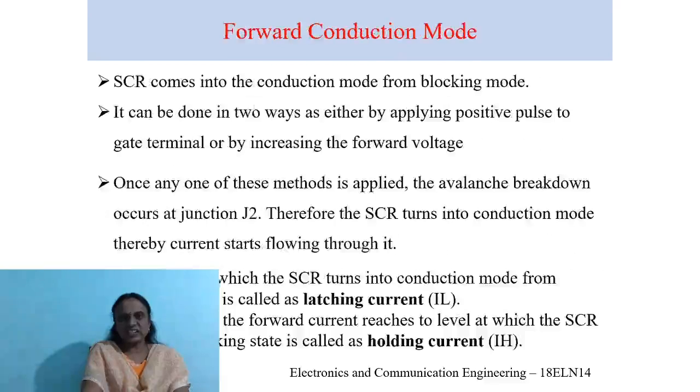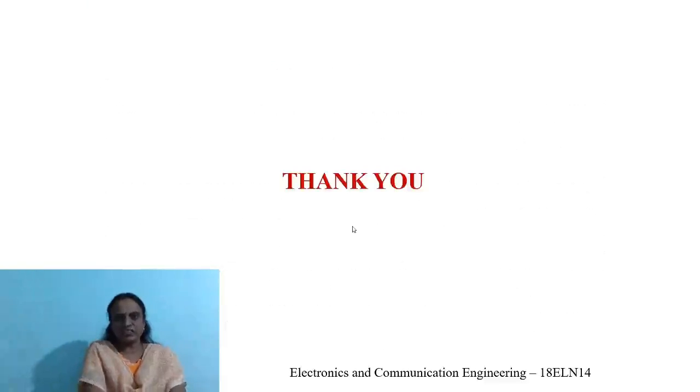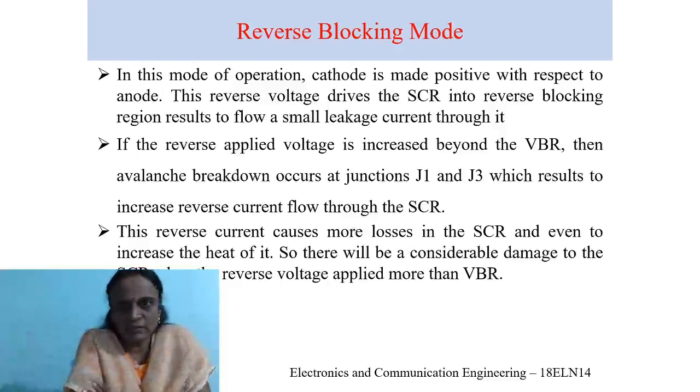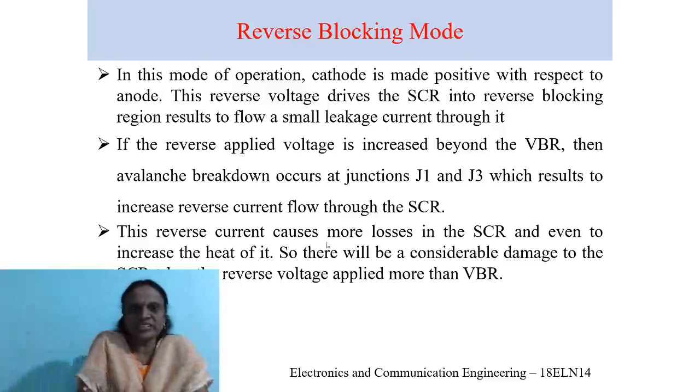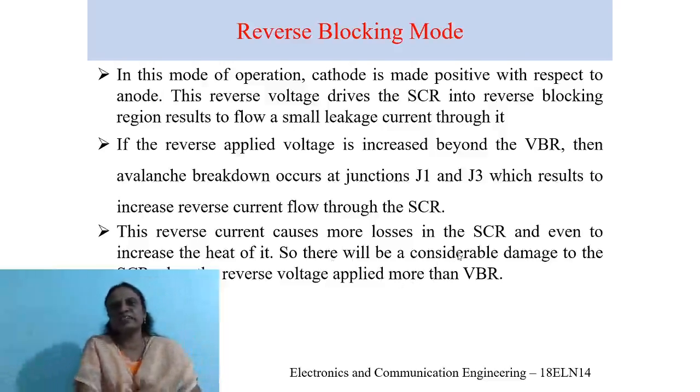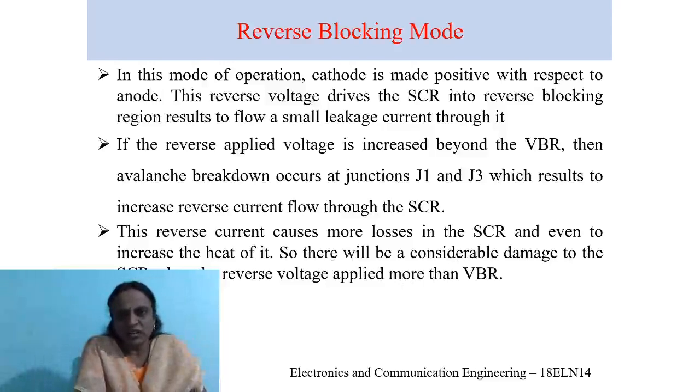This reverse current causes more losses and increases the heat in the SCR. So, there can be considerable damage to the SCR when the reverse voltage applied is more than the reverse blocking voltage.